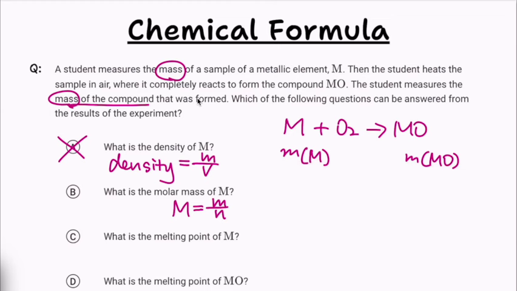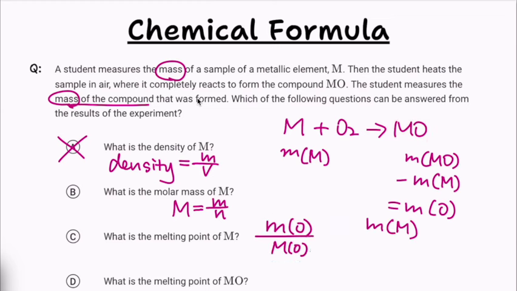Based on these two data, I can just subtract the mass of the metal M from the compound. Then I will get the mass of the oxygen. And since it has the chemical formula of MO, the number of moles of the metal M and the number of moles of oxygen are equal to each other.